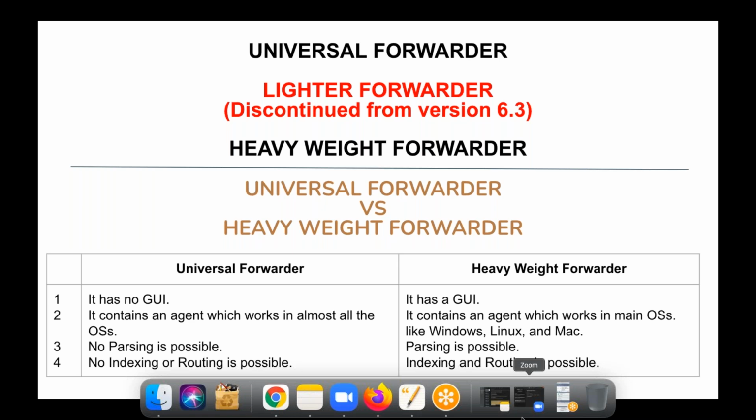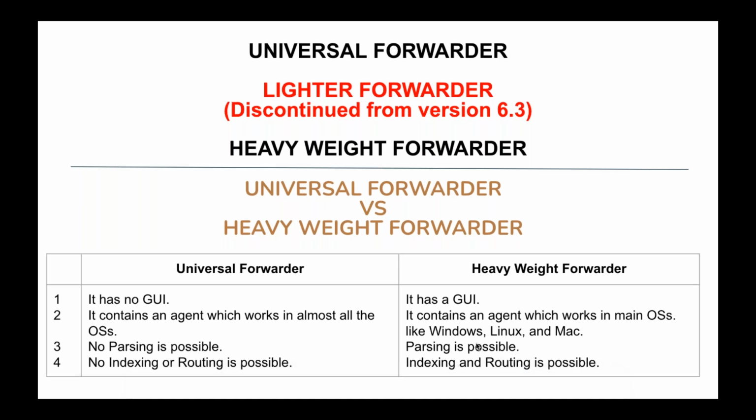So the thing is that we have seen that Splunk itself acts as everything. Splunk itself acts as an input, as a storage, as a searching unit, right? So if that is the case, then heavyweight forwarder is also an instance of Splunk.